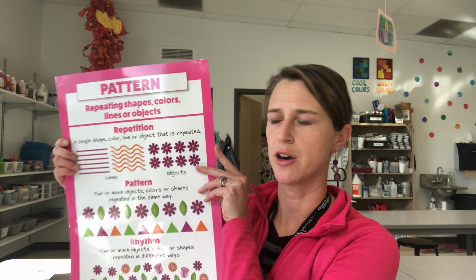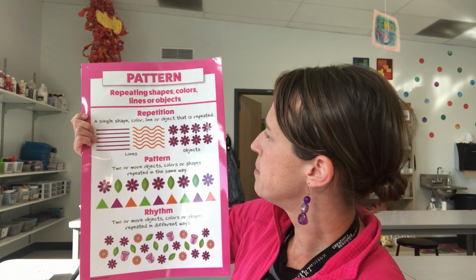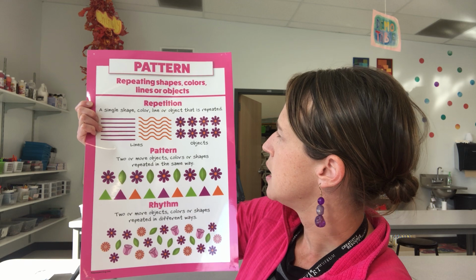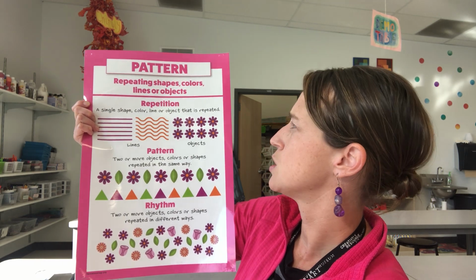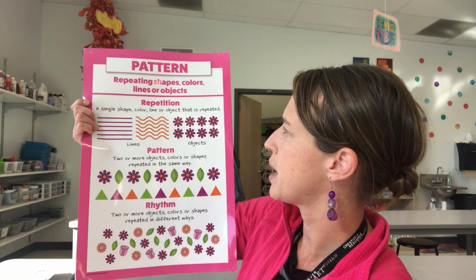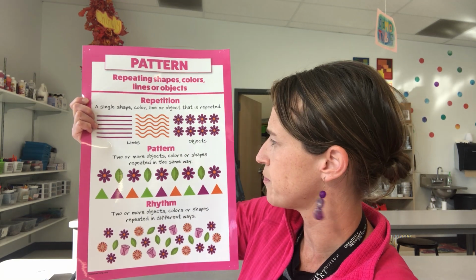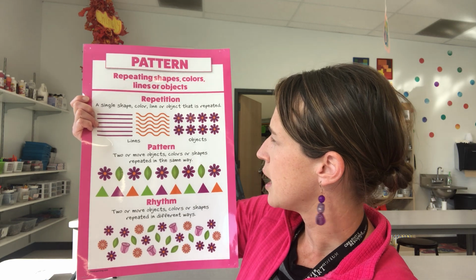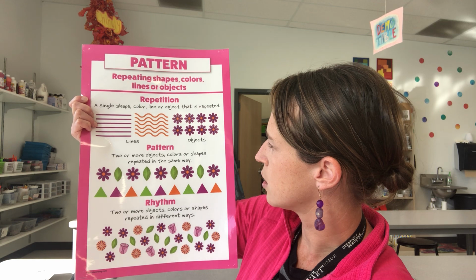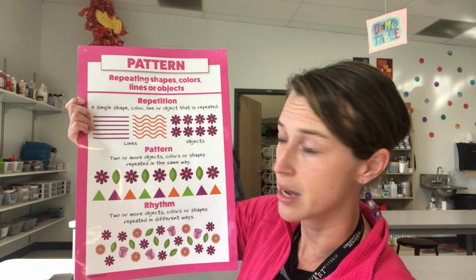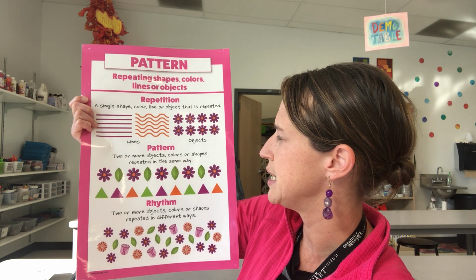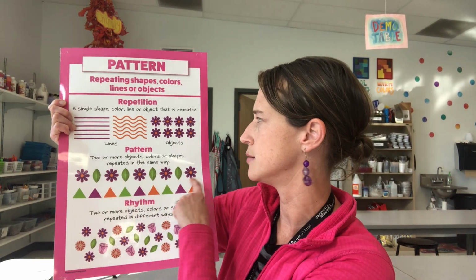And then there's pattern, okay? A single shape, color, line, or object that is repeated. So pattern is repeated shapes, colors, lines, or objects, okay? So pattern involves repetition. And I guess the difference between repetition and pattern, if we're going to be more specific, is that pattern has two or more objects, colors, or shapes repeated in the same way, okay?